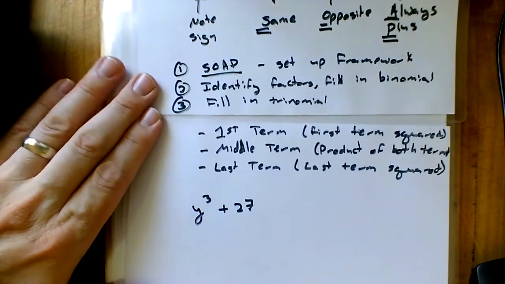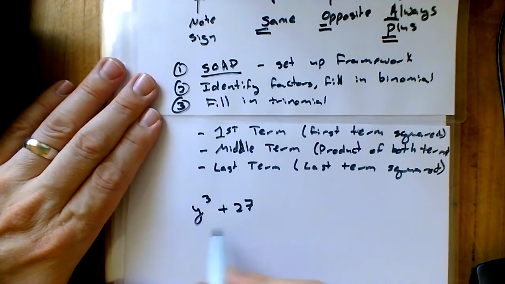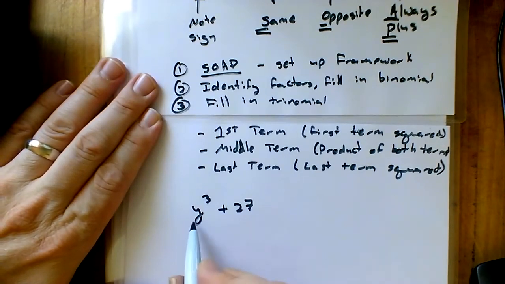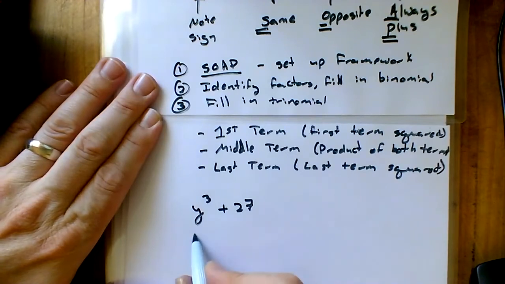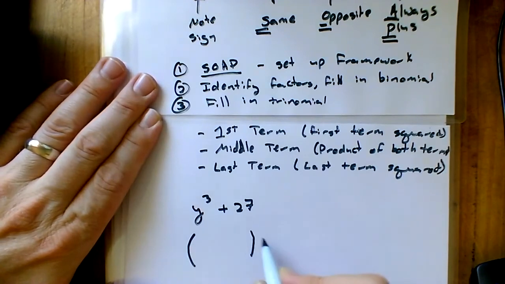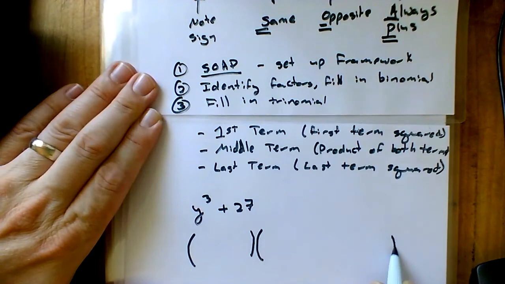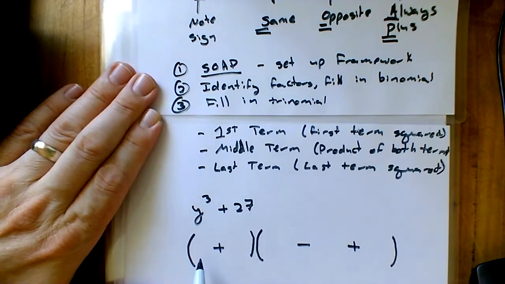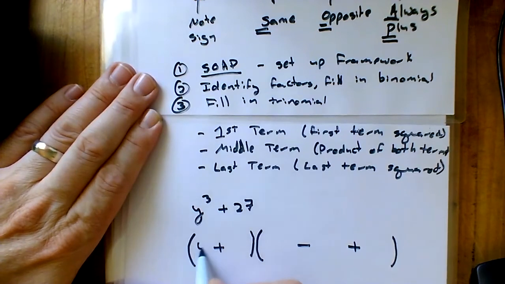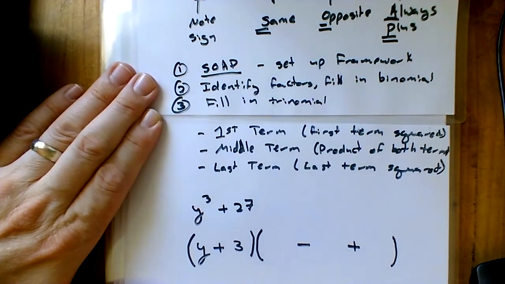These are both cubes, and this is plus, so we're going to set up our binomial and our trinomial. Same sign, opposite sign, always plus. What cubed is y cubed? Well, it's y, and a 3, because 3 cubed is 27.